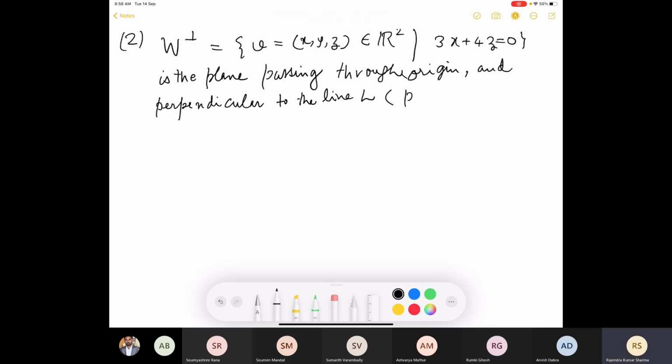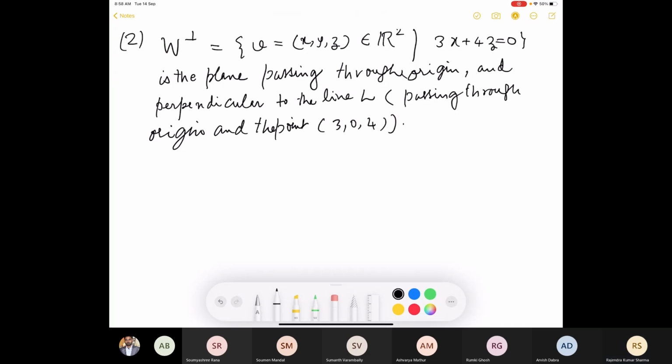Which passes through the origin and the point (3, 0, 4). This is what it is.